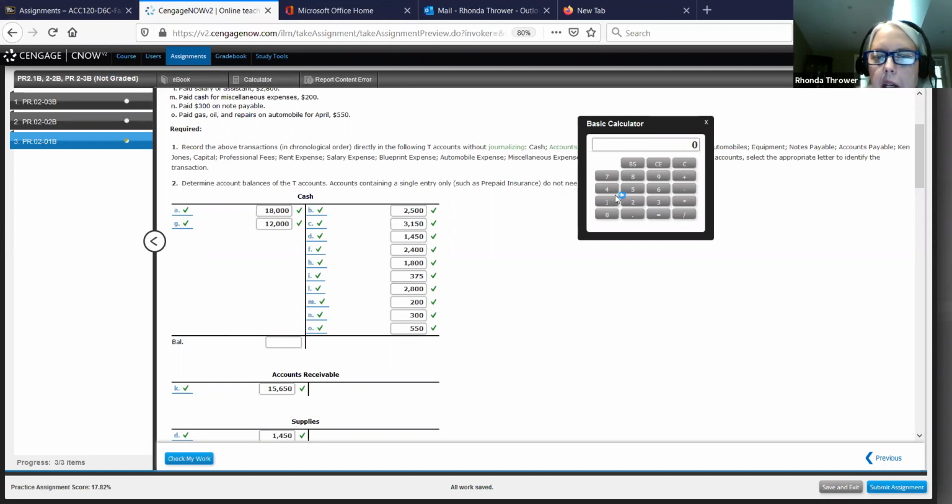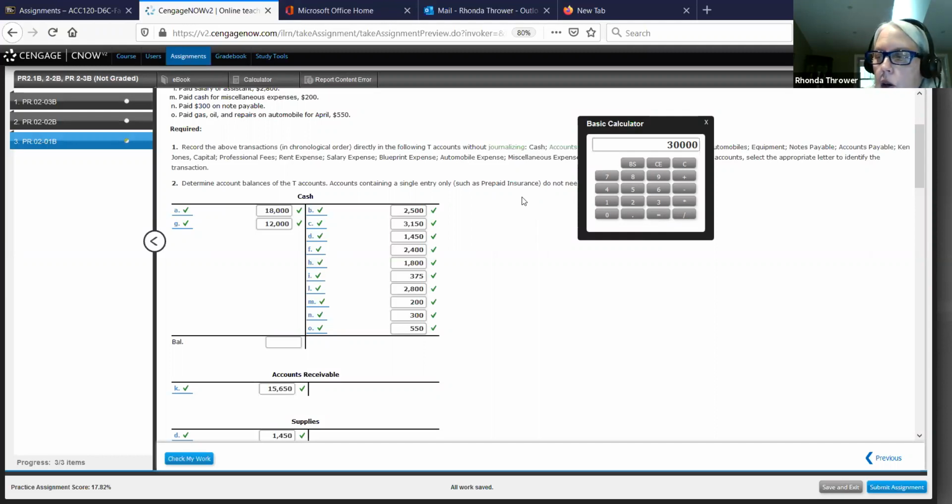So I'm going to put that in my calculator. 18,000 plus 12,000. The total debits to my cash account is $30,000. Excuse me, cash has two debits totaling $30,000.